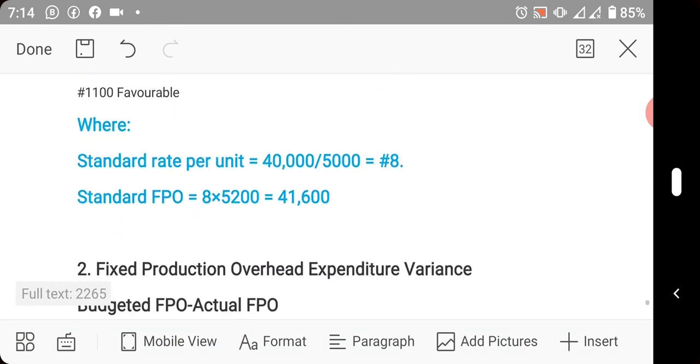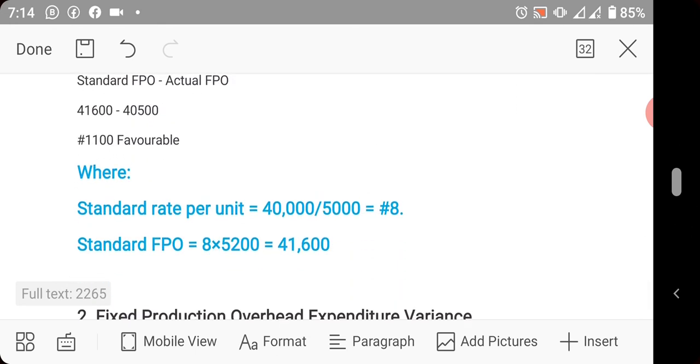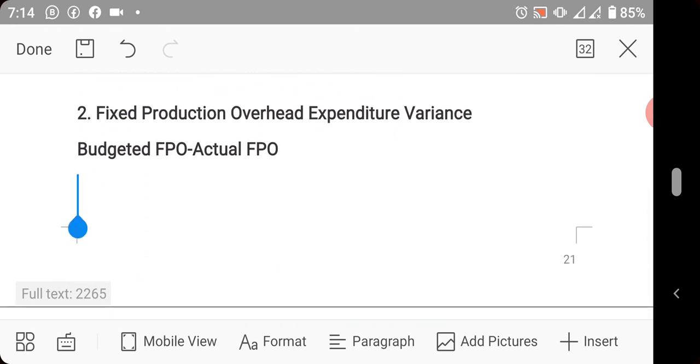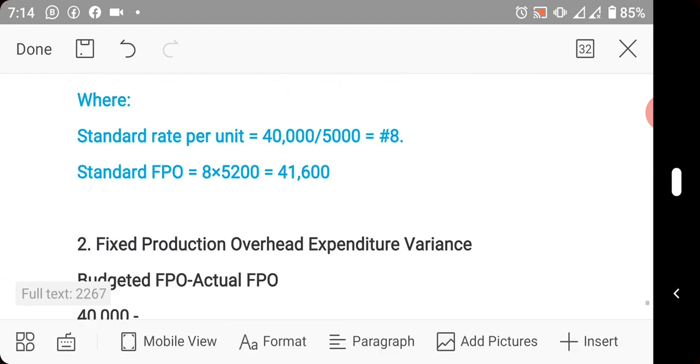We go back to the question. A company budgeted 5,000 units. Budgeted direct labor hours is 10,000. Budgeted fixed production overhead is 40,000. So budgeted is 40,000, so you come and put the 40,000, minus actual.